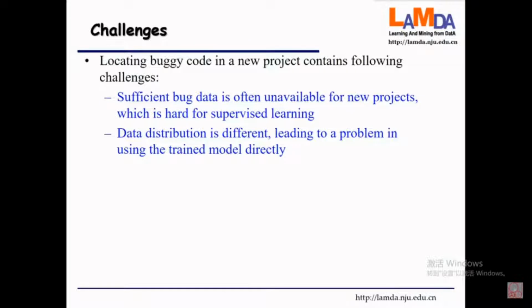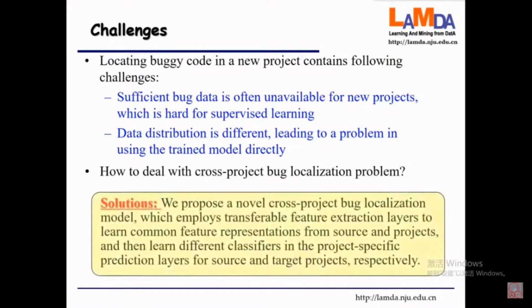A question arises: how to deal with cross-project bug localization? In our work, we propose a novel cross-project bug localization model, which employs transferable feature extraction layers to learn common feature representation from source and target projects, and then learns different classifiers in the project-specific prediction layers.